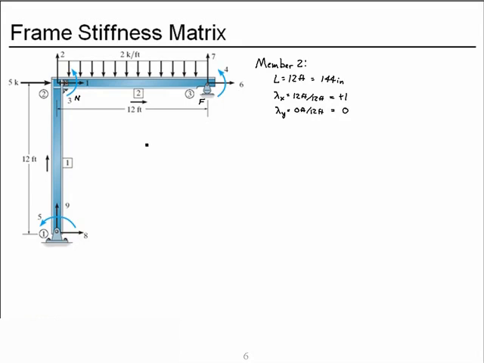Now we'll use the same formula to create the element stiffness matrix, and so we know that we'll need certain quantities. One of them is AE over L for this member, and it has the same A, the same E, and the same L as member 1, so this quantity did not change.